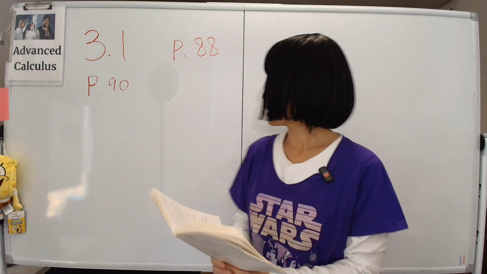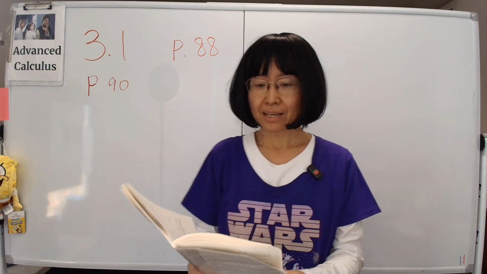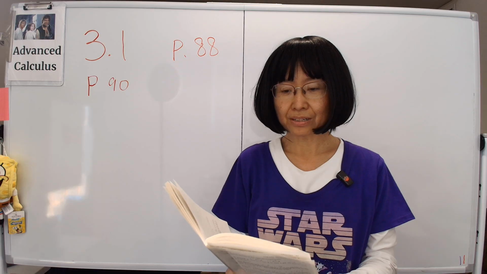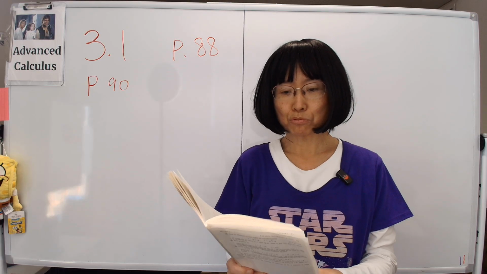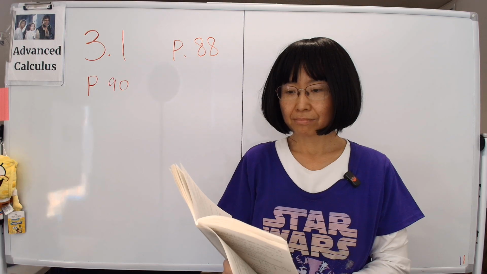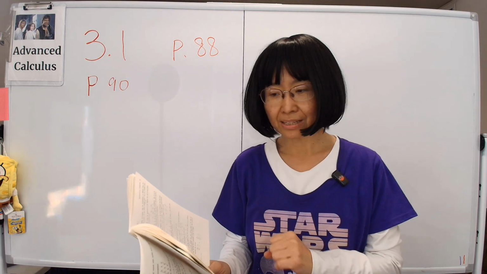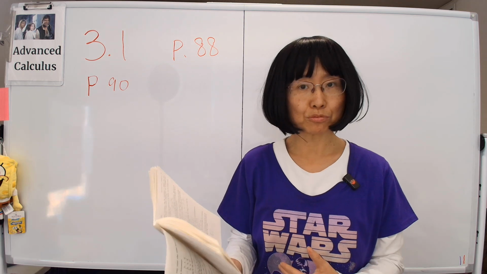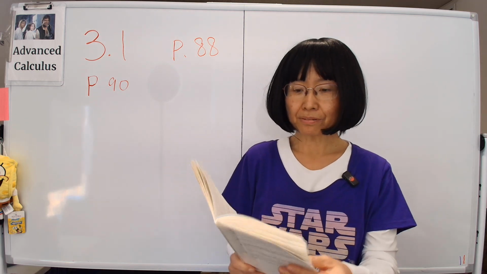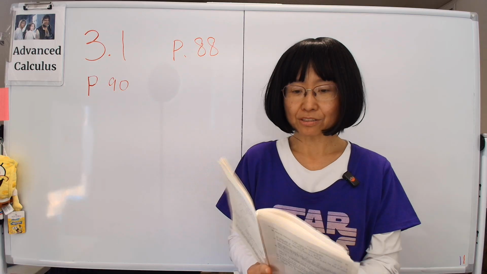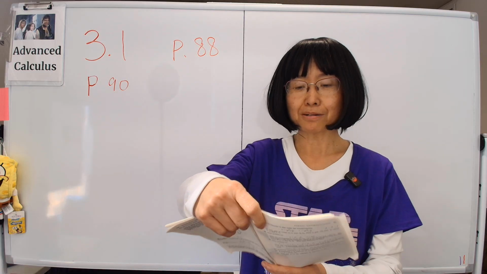So next, let's look at page 90, theorem 1, which says that the parameter t is the arc length of the curve if and only if the magnitude of x prime equals 1 identically. Now the proof of this is extremely short, so please go over this yourself, but I'm going to talk about it briefly.